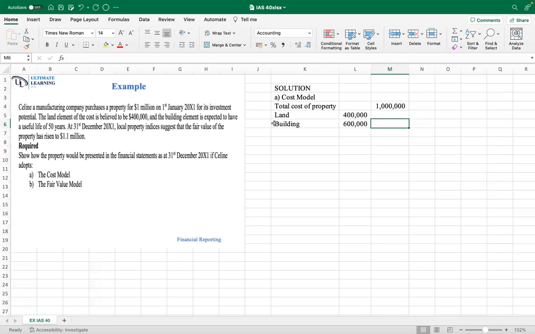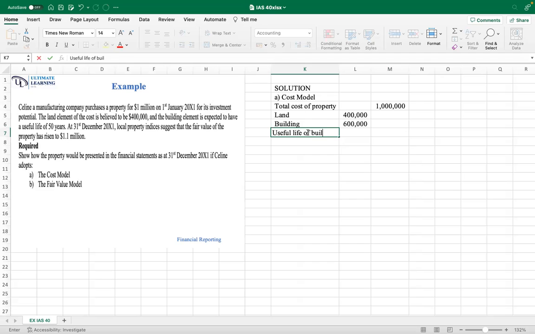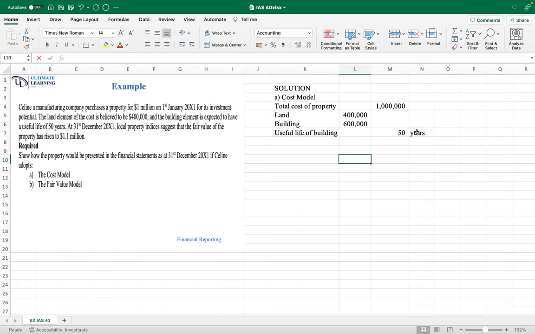Now we know that principally land is never depreciated, but building is depreciated. So the useful life of building is 50 years. Now, we need to calculate depreciation for building.